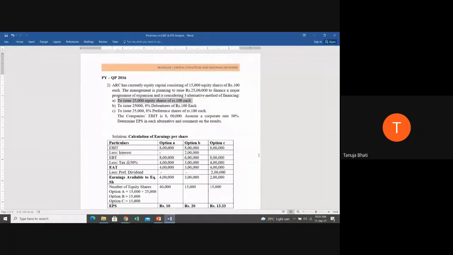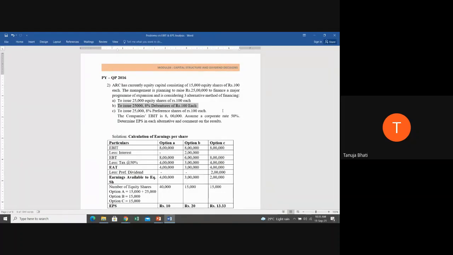Suppose that the company is opting for the first option. Will it have to pay interest to the debenture holders? Will it have to pay the preference dividend under first option? No, ma'am. Very good.